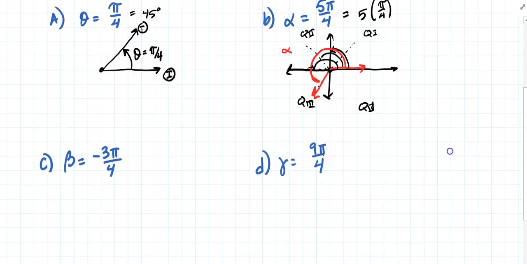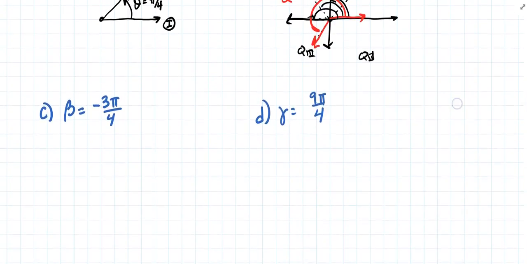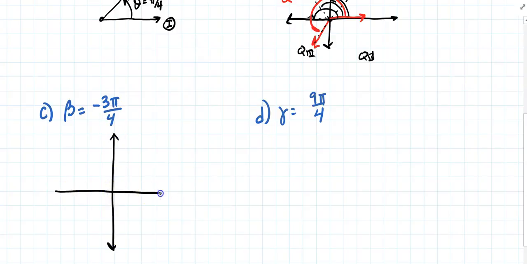Okay. B says negative 3 pi over 4. So again, imagine that you have a coordinate plane here. And remember, we're going to draw this angle in standard position. So we're going to put a point at the origin, and we're going to draw a positive x-axis glued down for our initial ray.